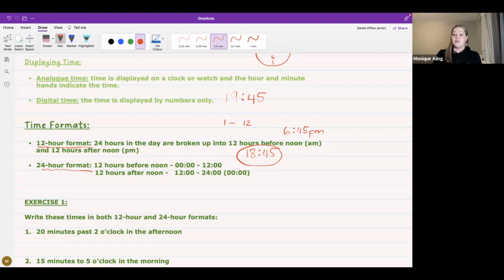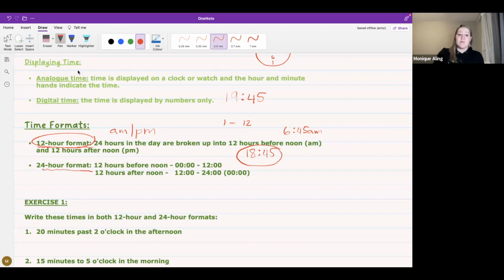It's afternoon. Okay. If I wanted to say 6:45 in the morning, I would then say AM. So that's the key thing to remember with 12-hour format. Our numbers only go up to 12, and we say AM or PM after our times.